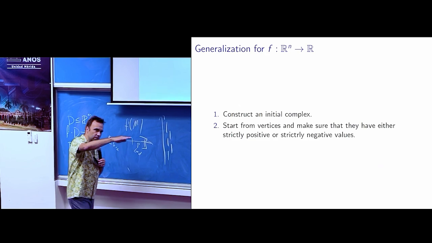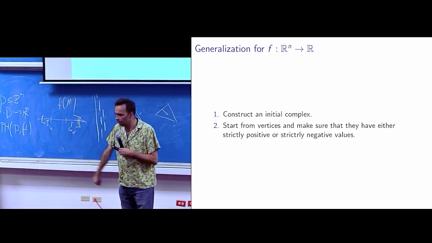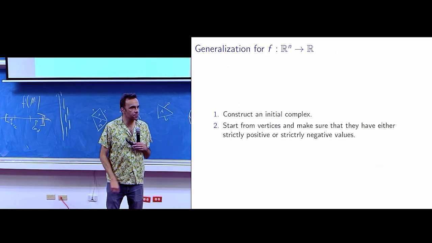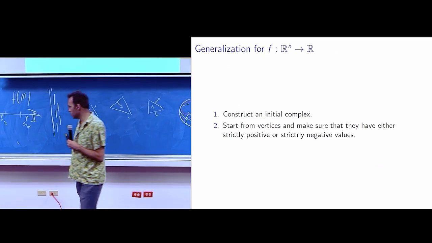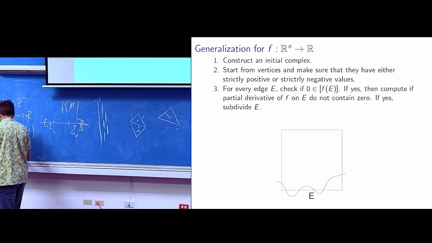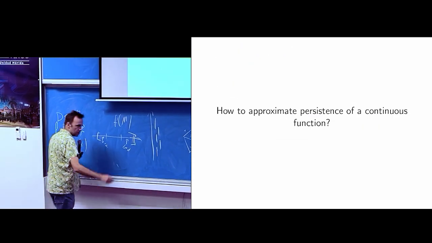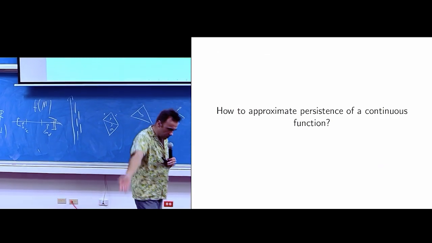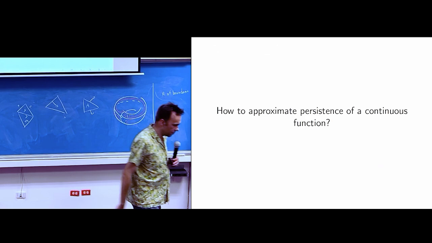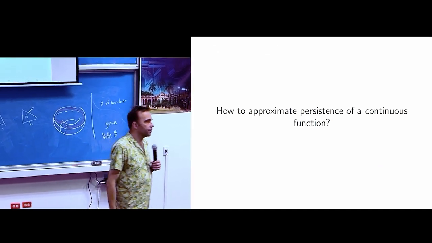We are really looking at the sublevel sets of f restricted to D, and we want to do the pairings, very much like in standard persistence. And I want it to be accurate up to a given precision. So you give me a function, and say, Paweł, I want the persistent homology of this function accurate within the range of 0.25. Okay.